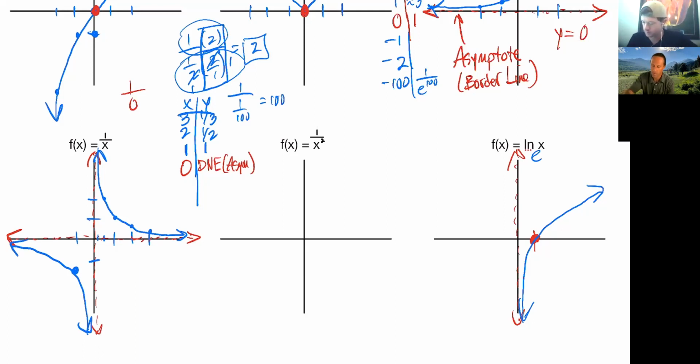So help me out. What happens when we take 1 over x and we square it? What do you think's going to happen? Do we still have that issue of 0 down here? Yes. So I'll still have that vertical asymptote. Will I still go up to infinity on the right side?